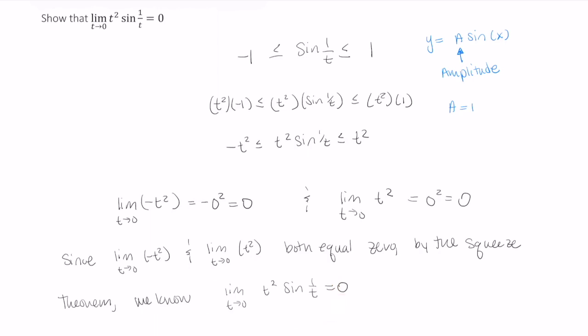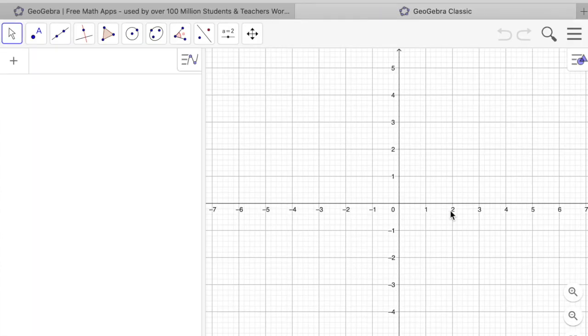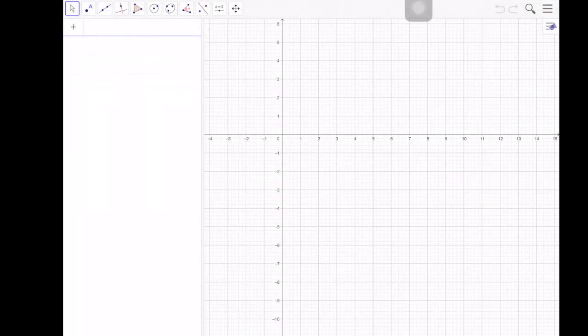Alright, before we end this video, let's use technology and just really visualize what we actually did here. As you can see here, I opened up Geogebra Classic on my iPad. You can follow along in a browser as well.